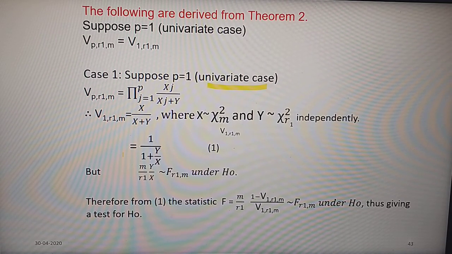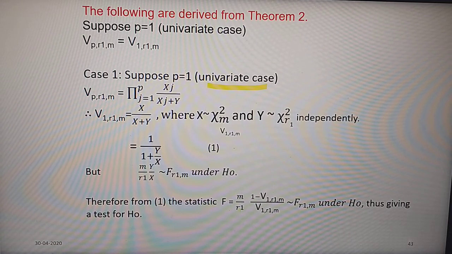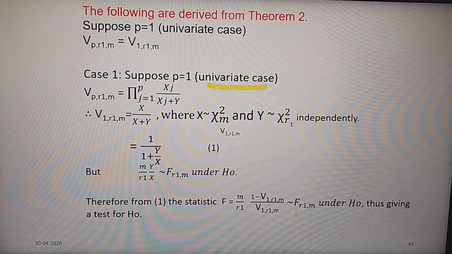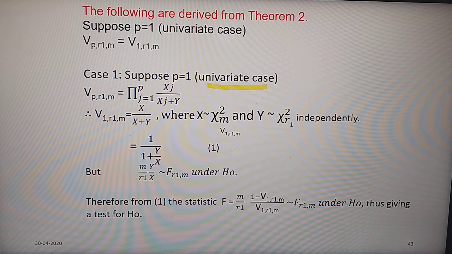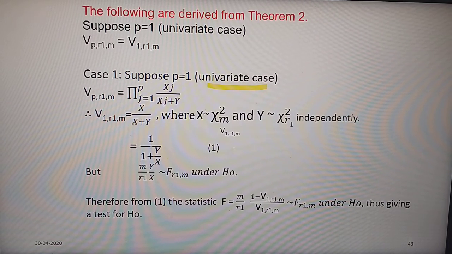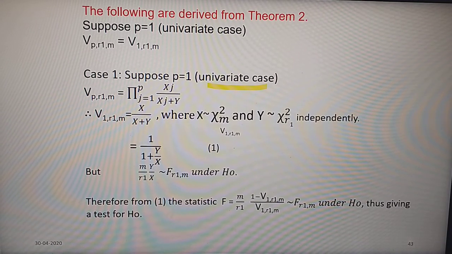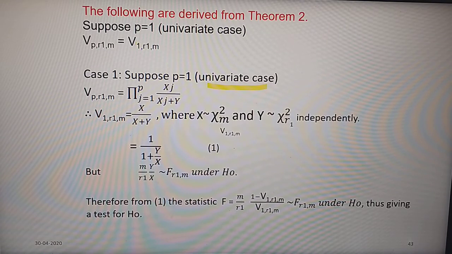Ultimately, you take out F. So F is equal to m by r1 times (1 minus V1(r1, m)) by V1(r1, m) will come, which follows F distribution on r1, m degrees of freedom under H0, thus giving a test for H0. So this simplification you do, this is very easy. You cross multiply this with this. Okay. So this is a particular case when p is equal to 1.